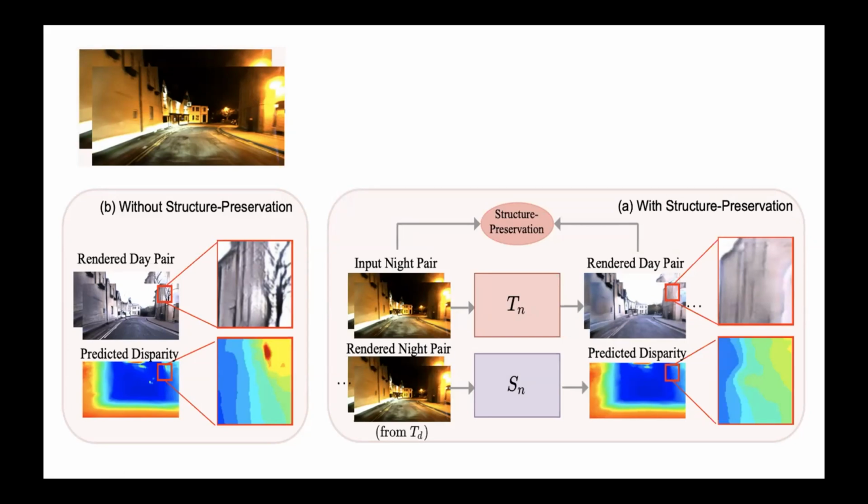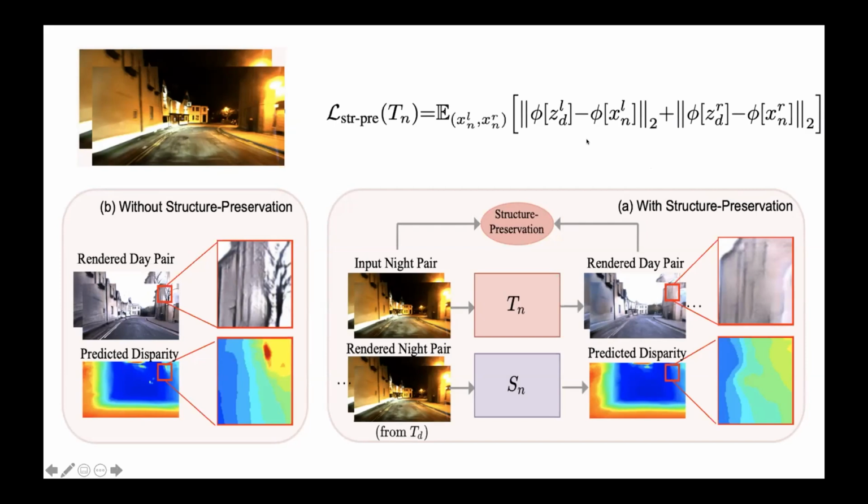Why is it robust? Because in the first layers, VGG only focuses on edges and corners, and we utilize these earlier layers for structure preservation, because these earlier layers are much more independent from the light.